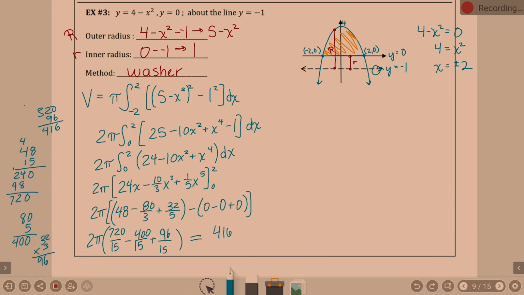Oh my god, I need to multiply by 2. This is so stupid. Alright. I got that before.